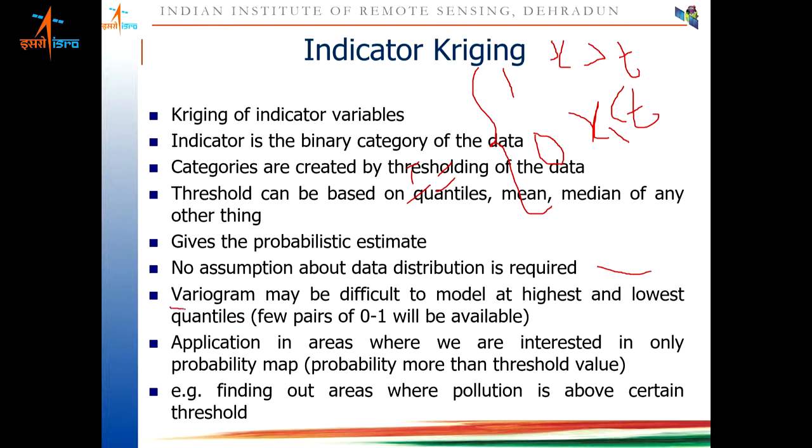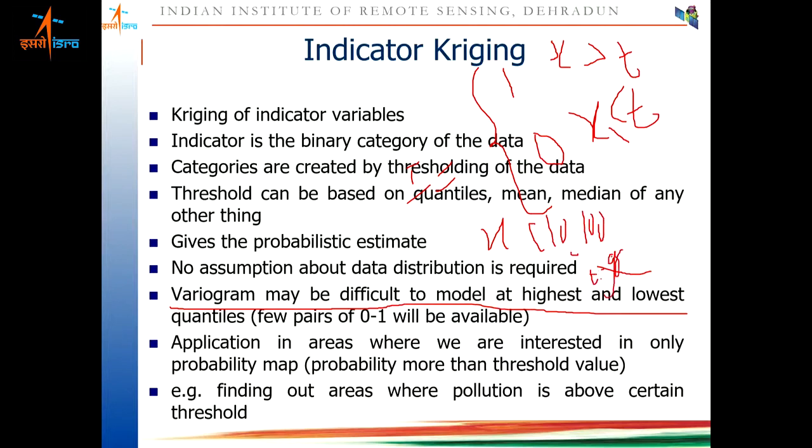Another important point to make indicator data is you should not put threshold value very high or very low, so that there are very few pairs of 0 and 1. What it means is, suppose your x is lying between 10 and 100, and you are putting threshold value equal to 90.